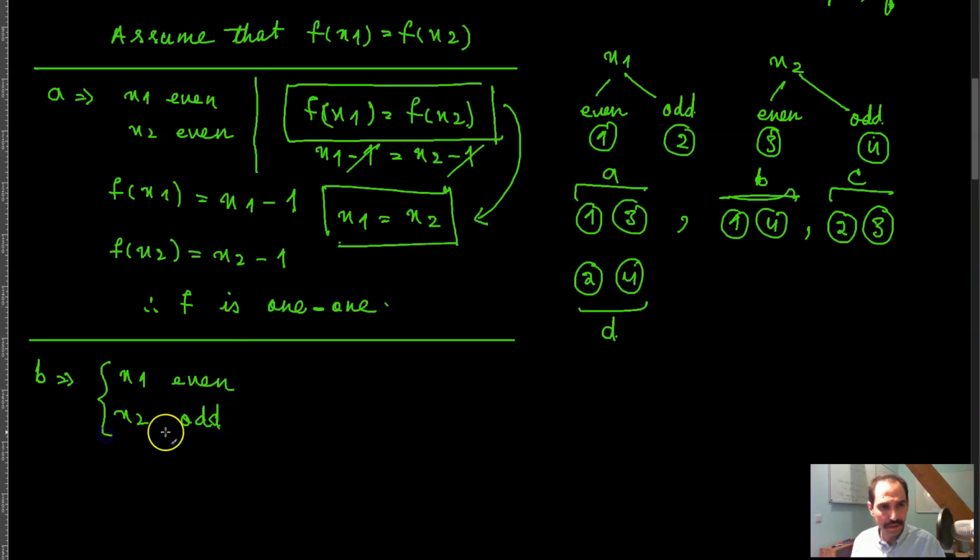So let's say that that is the case. And over here again, I'm assuming that f of x1 is equal to f of x2. Now, again, I need to calculate f of x1 and f of x2.